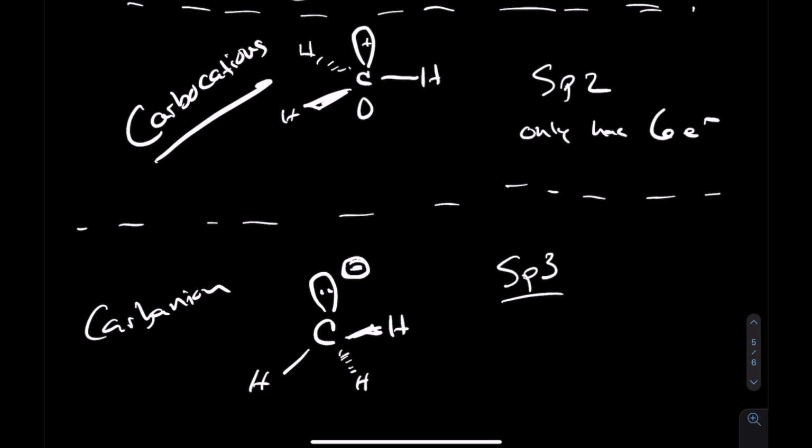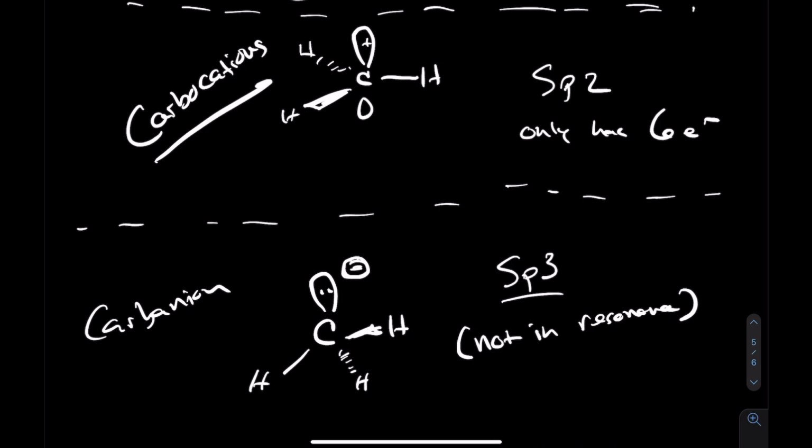Now, I should mention specifically, that's when it's not in resonance. If it can form a resonance structure, then it's a little happier. Then it's sp2, and I'm going to talk about that in just 1 second.